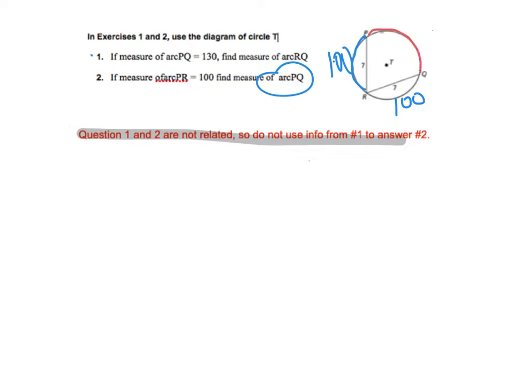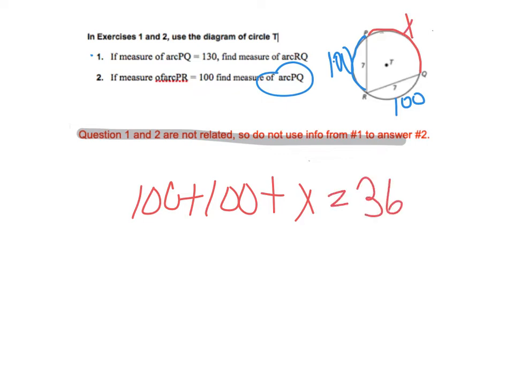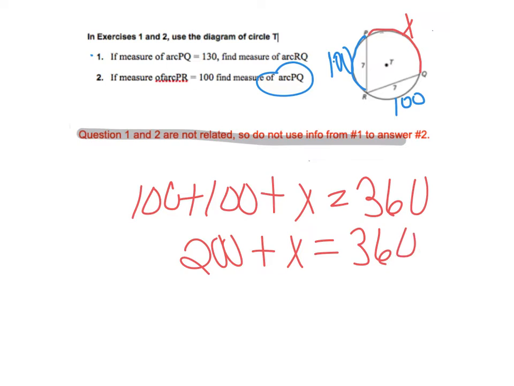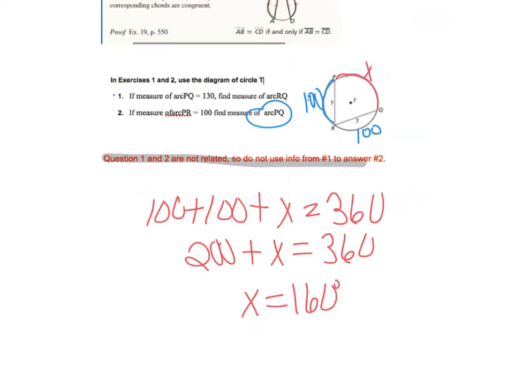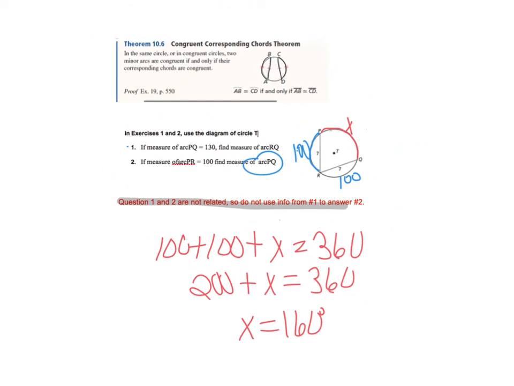If I'm going all the way around the circle, I'm going to have 100 plus 100 plus whatever, I'm going to call it x, that red arc, is going to be 360 degrees, because all the way around the circle is 360. We get 200 plus x equals 360. If I subtract 200 from both sides, the measure of that arc up there is 160 degrees. So if the chords are congruent to each other, then the arc measures are the same as well.